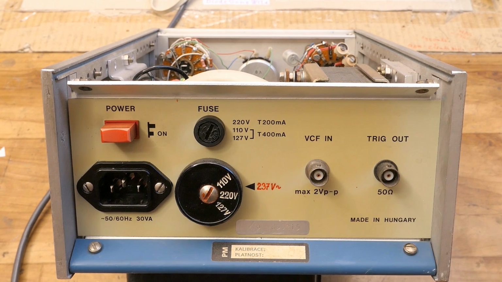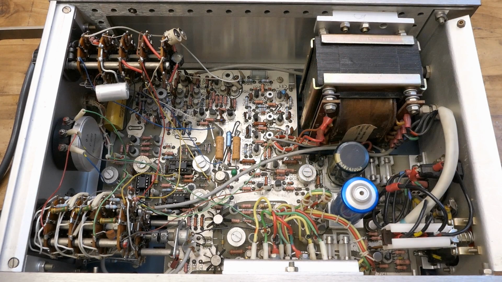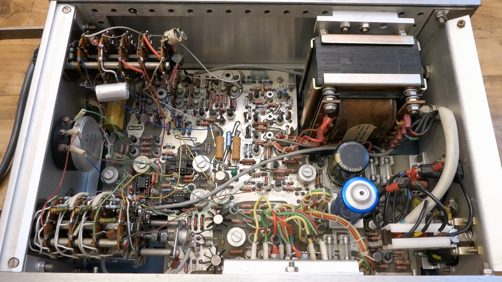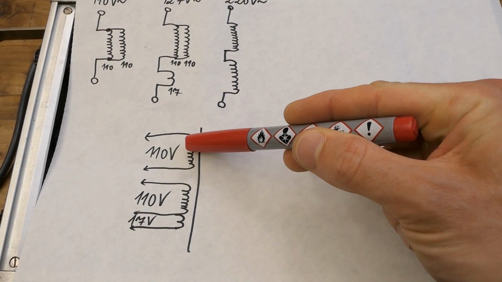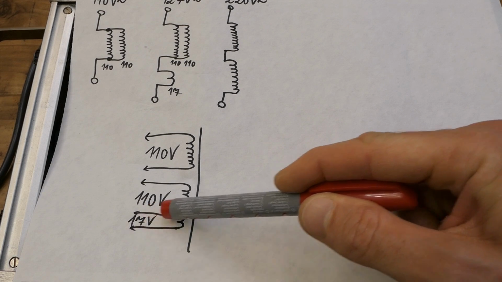Because nowadays the European voltage is 230 volts nominal, and the actual mains voltage is often close to 240 volts. And of course here you can see the internals of the power supply, and here is the power transformer with the primaries and secondaries. And the primaries of the transformer are 110 volts, another 110 volt section and a 17 volt section.